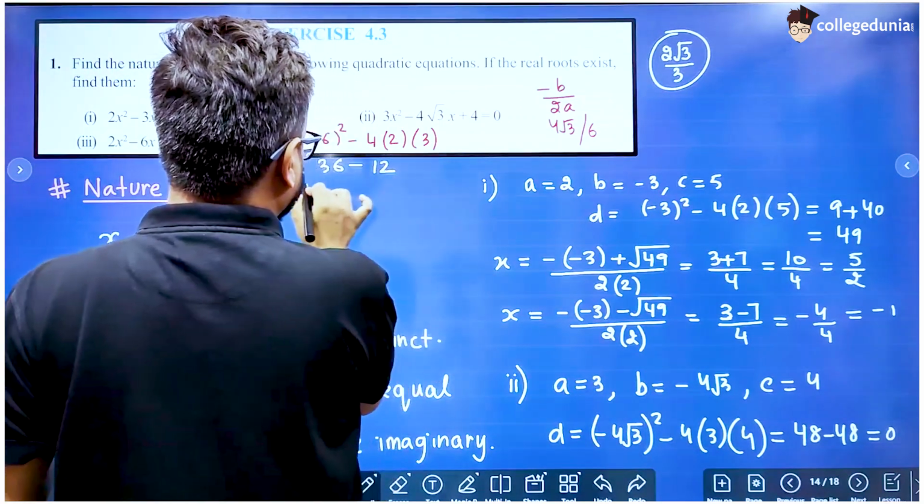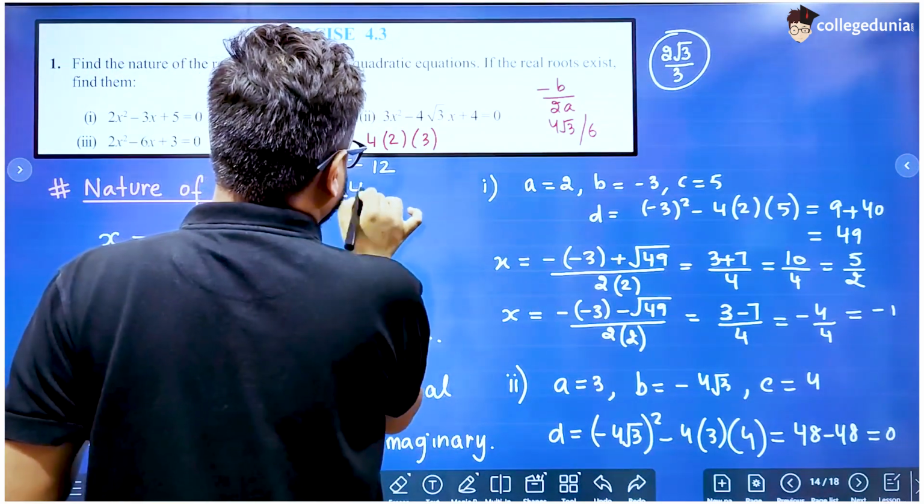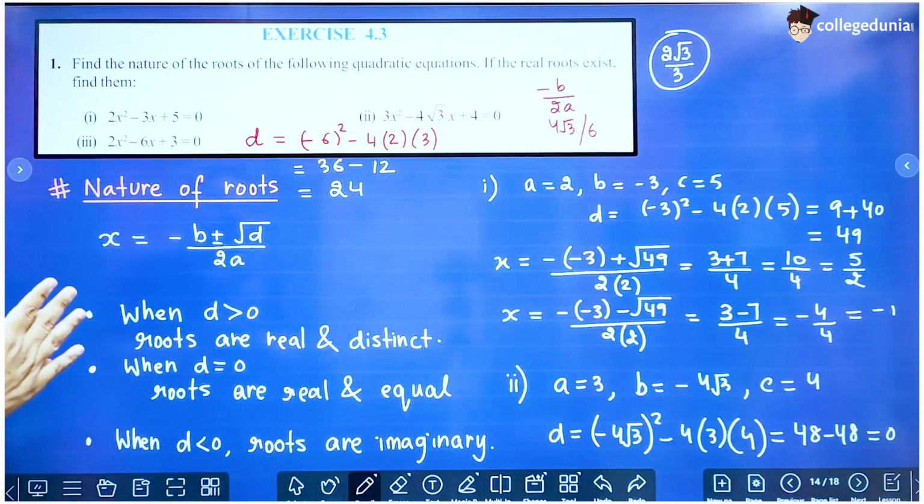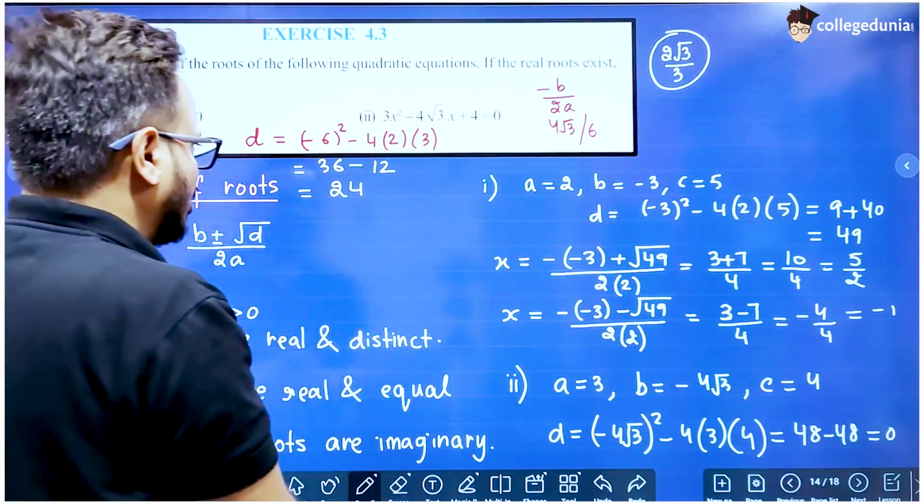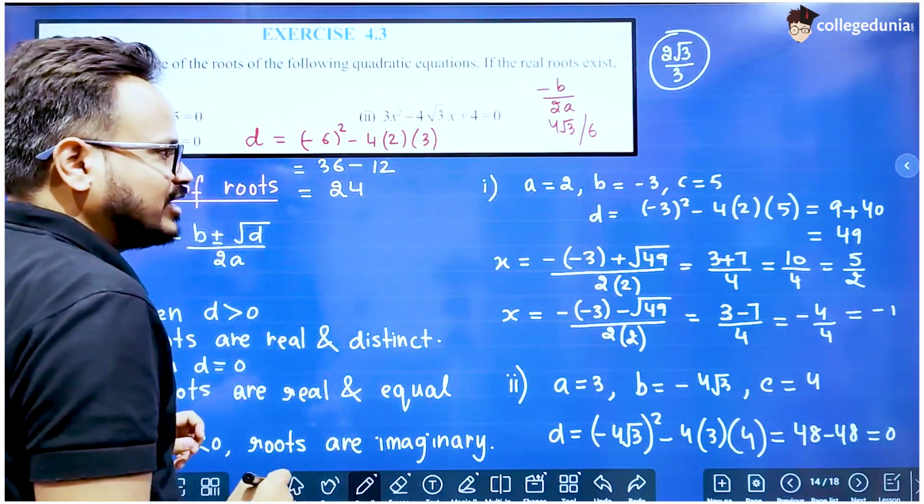So D is 24, right? I thought there would be a question in which the roots do not exist, but there is no question like that. Okay, so D is 24, and now we can find the roots.